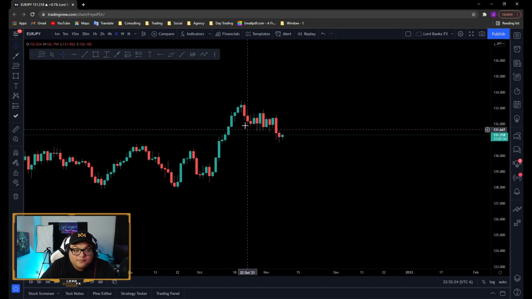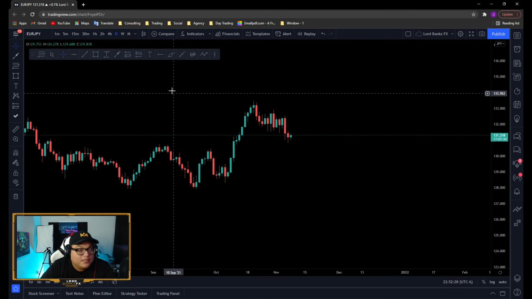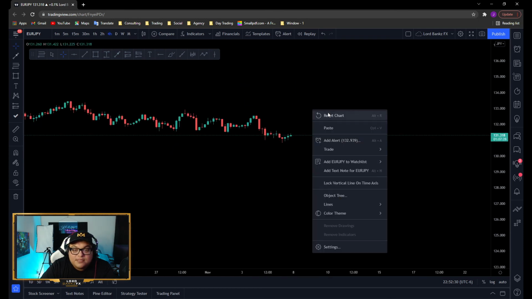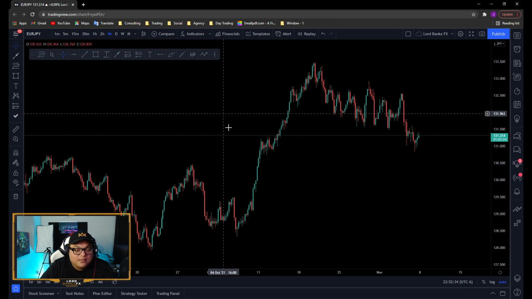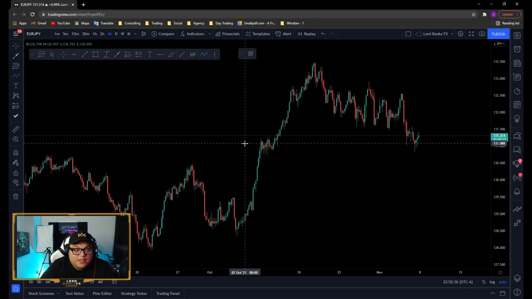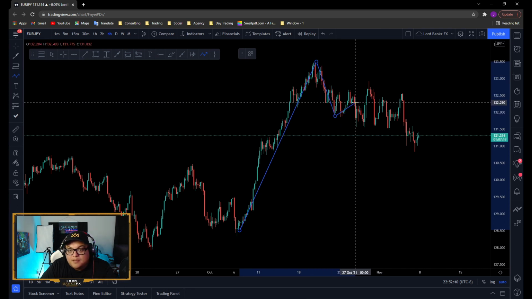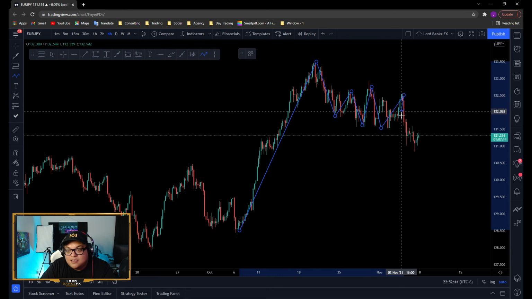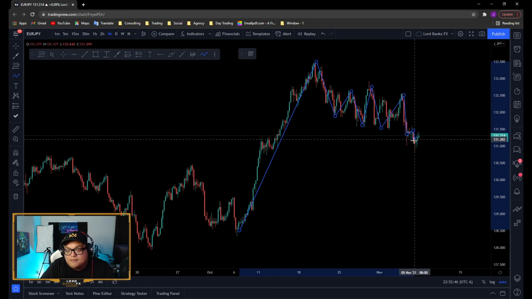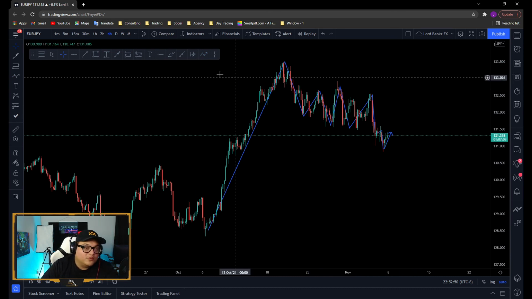This daily, little consolidation here, push down. But what I really like to see here is this. We have this huge push up, multiple pushes, kind of angled, like a horrible drawing right there.